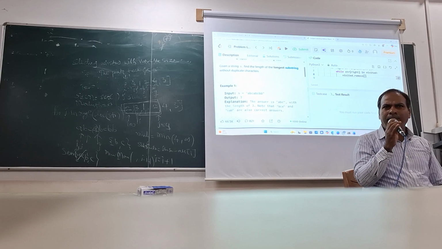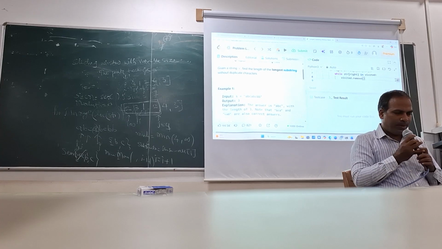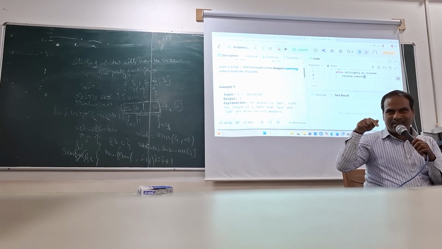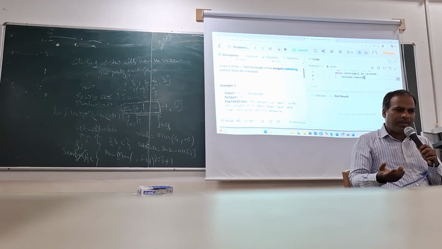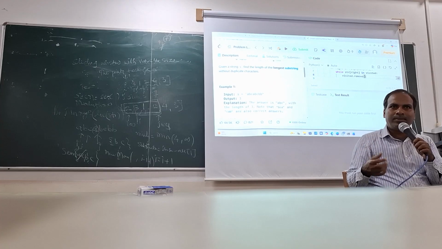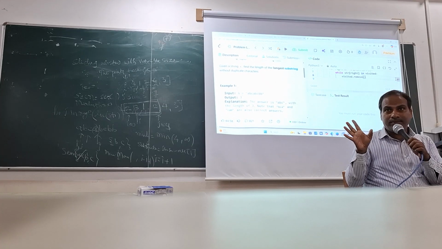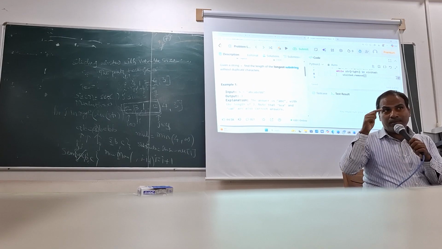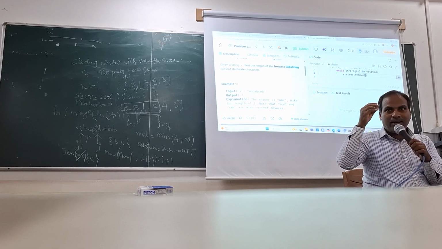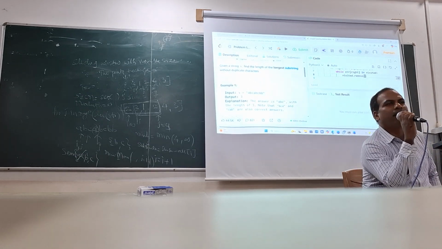Since it's a set, we use pop. If you write remove, we must know the elements, but you can write remove of str of i. That character is already present, that's why you are removing it. But actually we have to remove the first character, at the ith index.